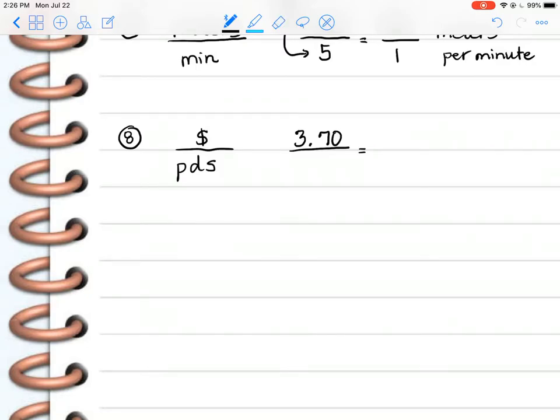That's not the unit rate. That's for 2 of them. So 2 into 370 is 185. And then 2 into 2 is 1. So it's $1.85 per pound. Whatever this substance is.